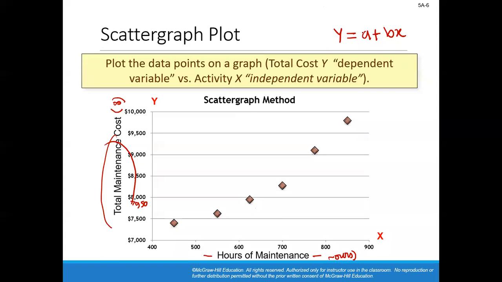So it is more popularly known as a linear equation, by which we can represent this kind of linear relationship. Okay.